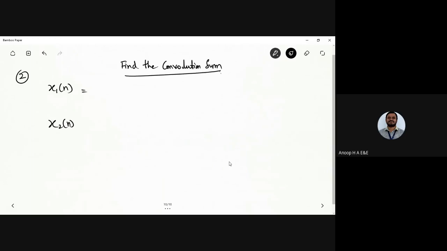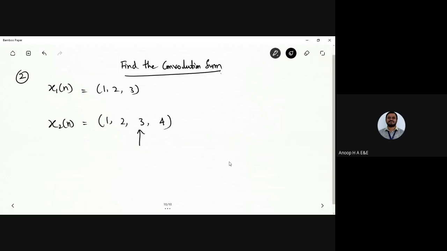Now I'll give a problem to you with the same kind of sequence, the discrete time sequence, where you have to find the convolution sum using the two sequences x1 of n and x2 of n. x1 of n is 1 comma 2 comma 3 and x2 of n is 1 comma 2 comma 3 comma 4.